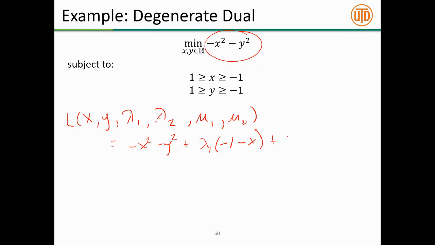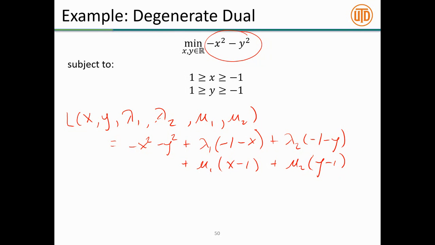And then we have plus lambda 2 times -1 minus y, again in standard form, plus mu1 times x minus 1, because x less than or equal to 1 is the same thing as x minus 1 less than or equal to 0, and mu2 times y minus 1, because y less than or equal to 1 is the same thing as y minus 1 less than or equal to 0. Okay, so this is our Lagrangian.